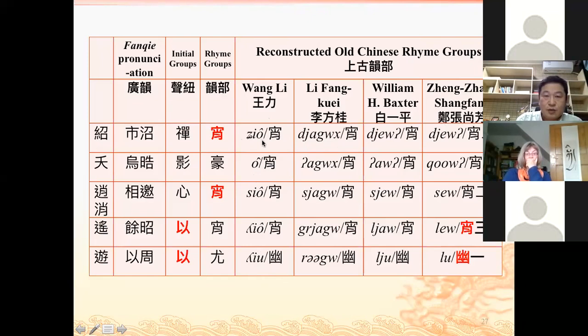What they have in common is that they all think these words fall in the same vowel category, ending with ao, ao, ao, ao. The yu is in a neighboring vowel category of ao.